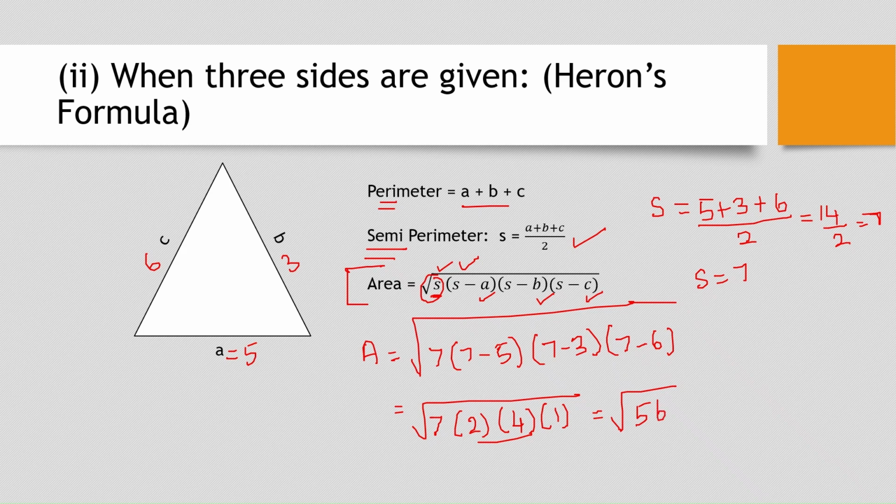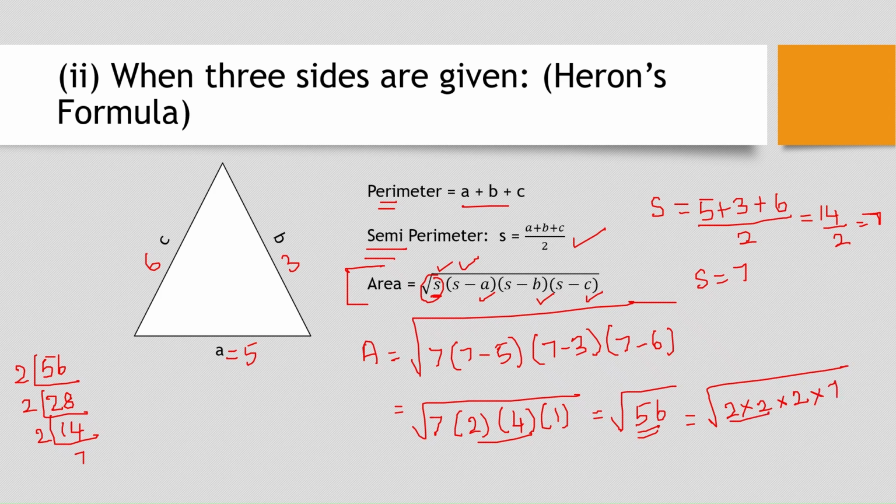Still we can simplify this because 56 is not a prime number. So we can still simplify this by using the prime factorization. So 56, we are going to do the prime factorization. 2 twos are 4, and 2 fours are 8, and 2 sevens are 14. So root 56 can be written as 2 into 2 into 2 into 7.